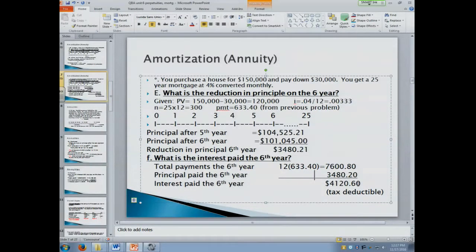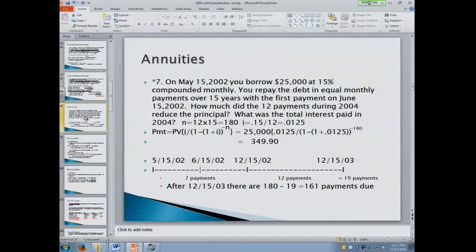And that's a calculation your bank will do every single year and send it to you, because this interest is tax deductible. Very important, it's tax deductible. In fact, I'm going to make it red. It's so important. And they will send that to you.